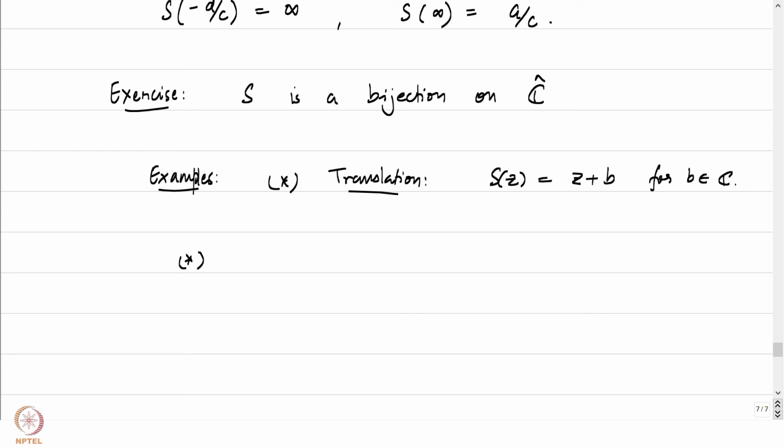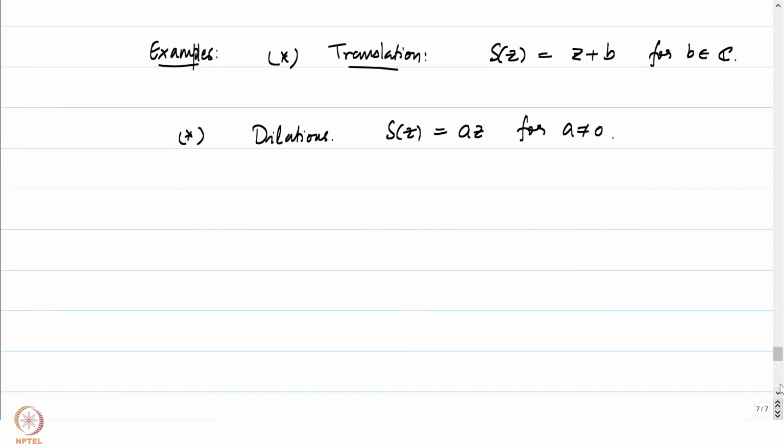Another group of Mobius transformations of great interest is dilations. S of Z is equal to A times Z for A not equal to 0. How about the third one? Third one is the inversion.